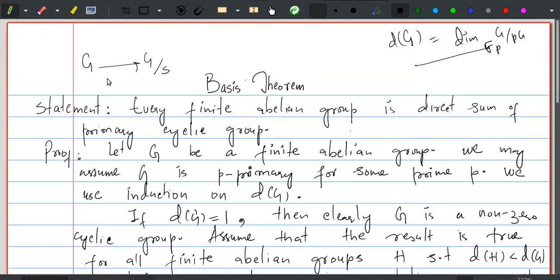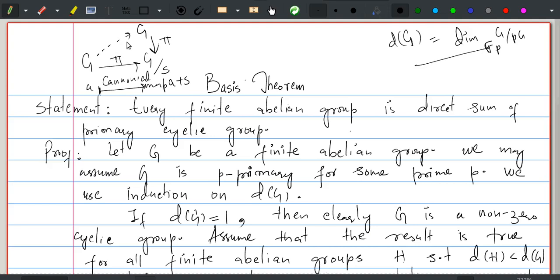This is a canonical map, the projection map pi, which takes an element a to its coset in G/S.